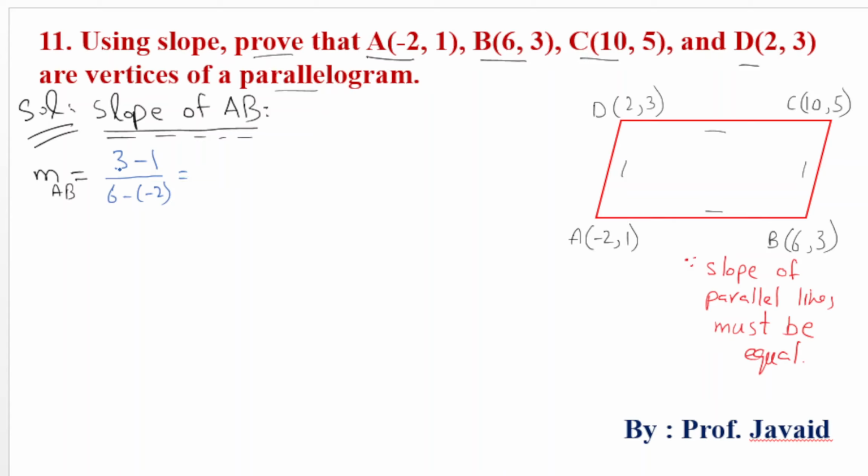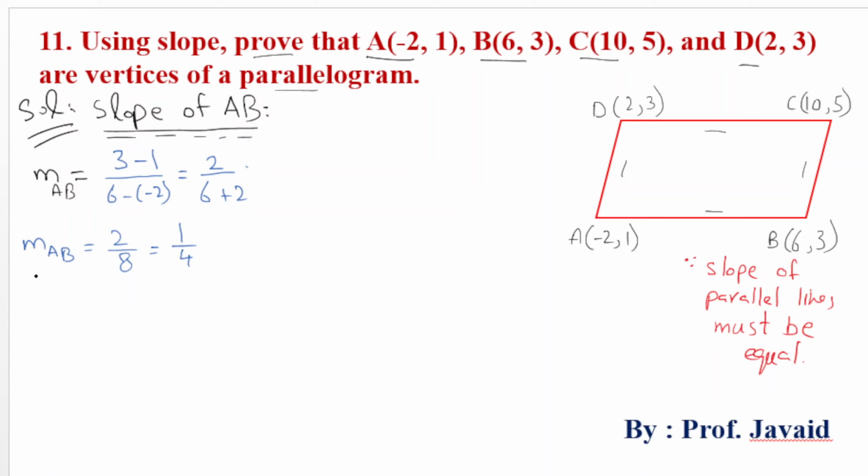I advise students, don't do it directly, you can make a mistake. 6 plus 2, so slope of AB equals 2 by 8, which equals 1 by 4. Okay, this is done.